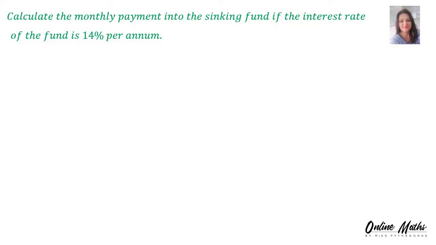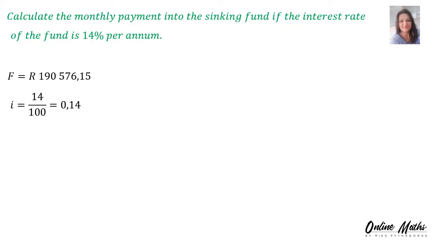The fourth part of a sinking fund sum is we have to calculate the monthly payment into the sinking fund if the interest rate of the fund is 14% per annum. Again, we'll make a summary. The future value of the sinking fund is 190,000. We calculated that in the previous slide.